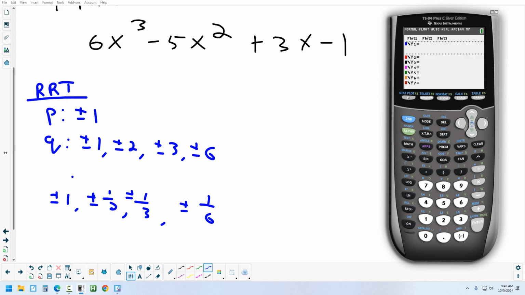It's too many fractions. I don't really want to try them all. So let's just graph it and use that to help us. 6x cubed minus 5x squared plus 3x minus 1. Okay, I'm looking between really just -1 and 1. So I probably should have zoomed in a little more.